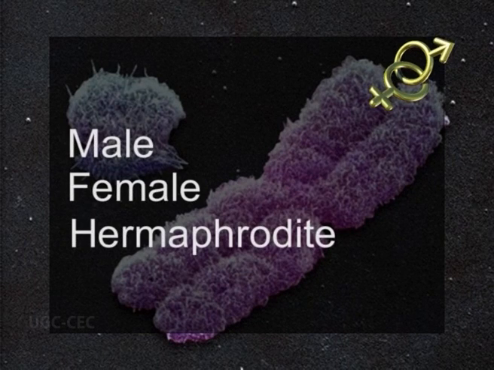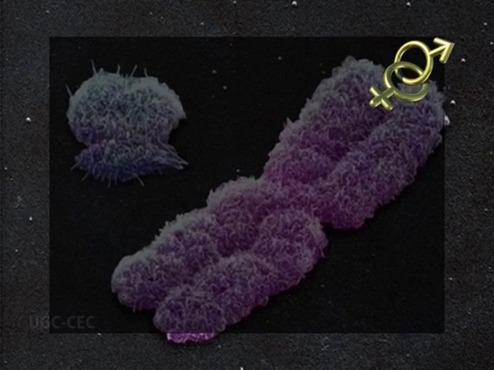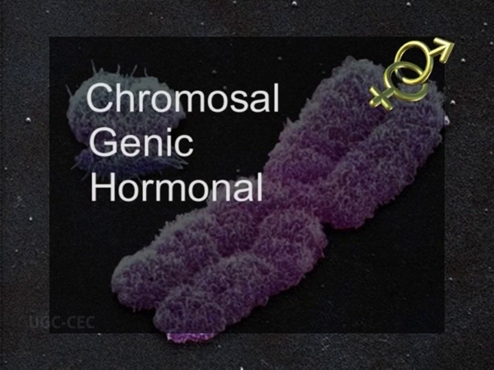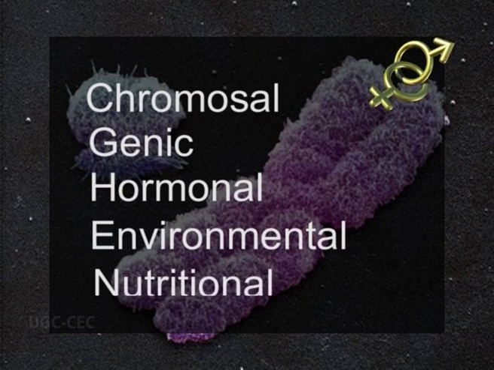Determination and differentiation of sex are concerned with the factors responsible for making an individual male, female, or hermaphrodite. The mechanisms of sex determination are essentially similar in both plants and animals, which were classified by earlier biologists into several groups like chromosomal, genic, hormonal, environmental, and nutritional.